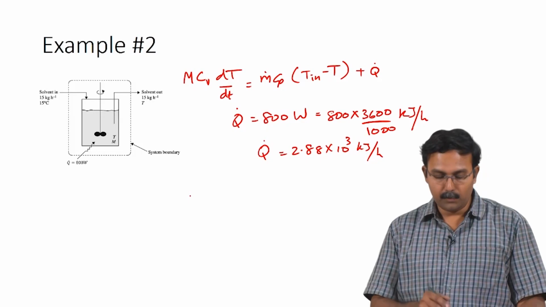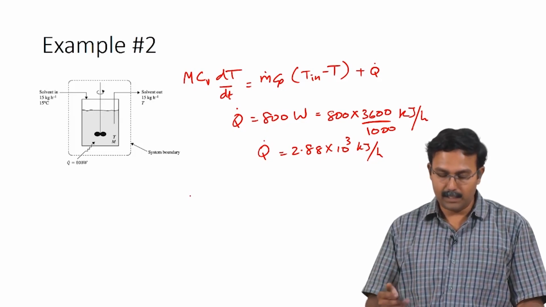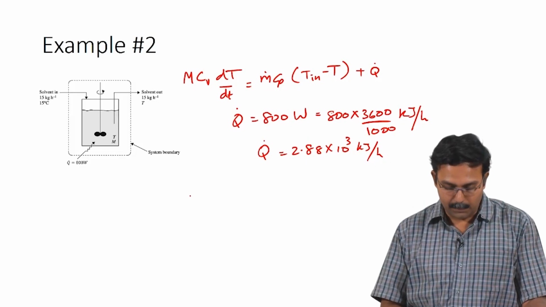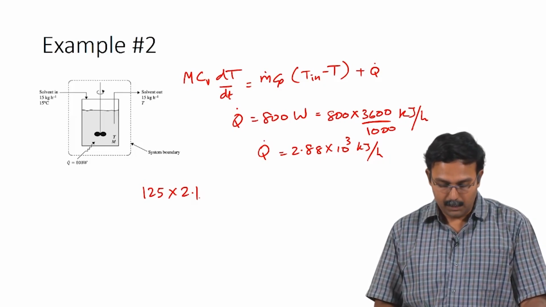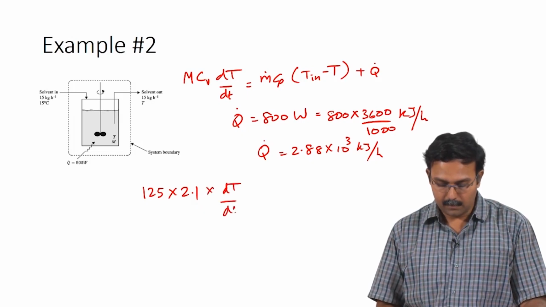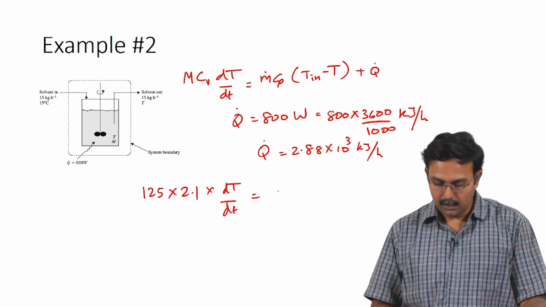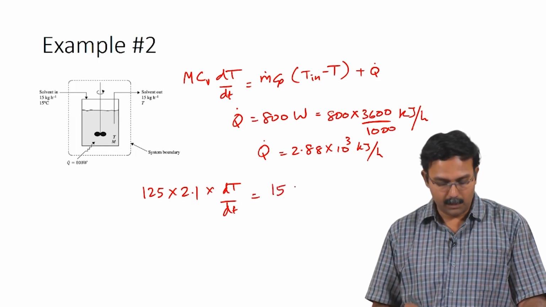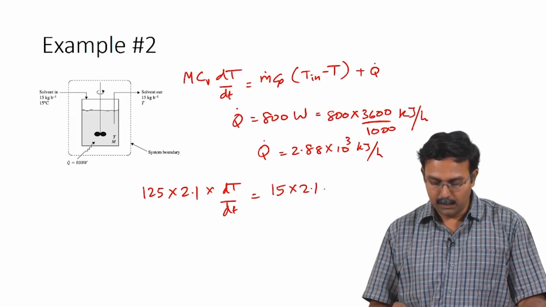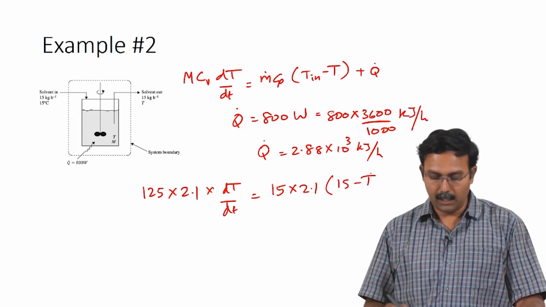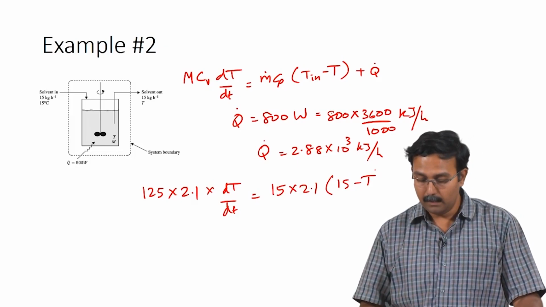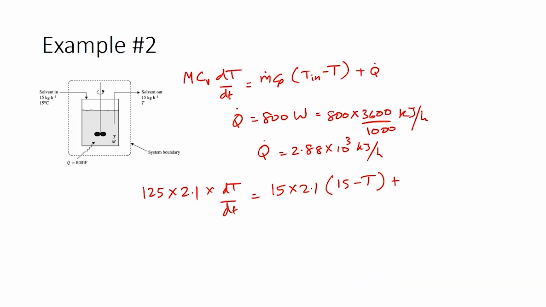So substituting the values for the total mass, Cv, Cp, mass flow rate and q dot, we get the equation 125 times 2.1, using the same value as Cp for Cv because it is a liquid system, times dT/dt equals m dot, which is the mass flow rate of 15 kilograms per hour, times Cp, which is 2.1, times the inlet temperature, which is 15 degrees Celsius, minus T, which is the temperature at time t, plus q dot, which is 2.88 times 10 power 3.